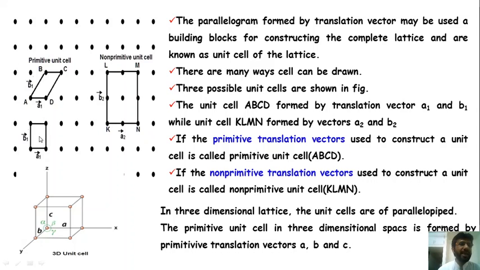So here ABCD is the primitive type of unit cell.